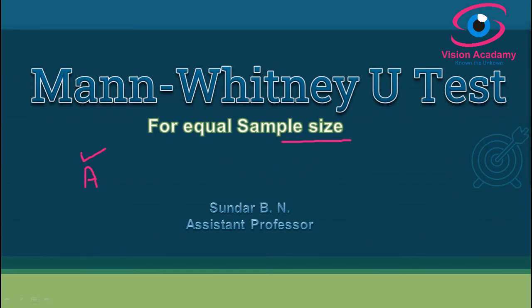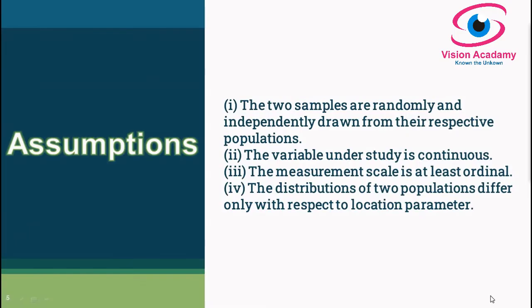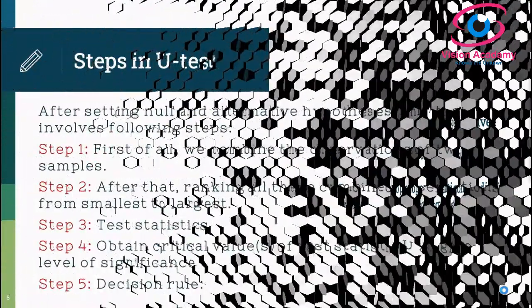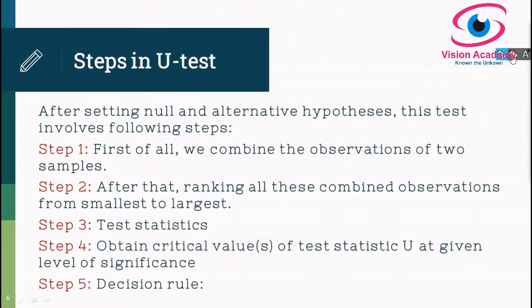Let us recall the important steps we need to follow for solving a Mann Whitney U-test problem, which are explained in detail in my earlier video. The first step is to combine the observations of the two samples. You know that we have two populations in this, so we have to combine both population samples.